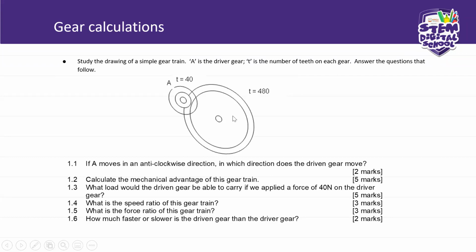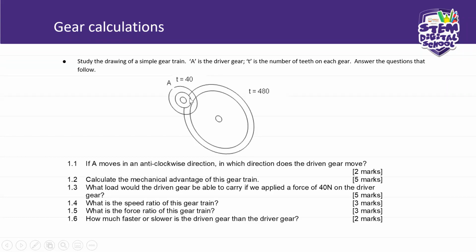Now, this is for the axle, and this is the gear itself. The outer line is for the cogs or the teeth. If you look, these gears interlock.